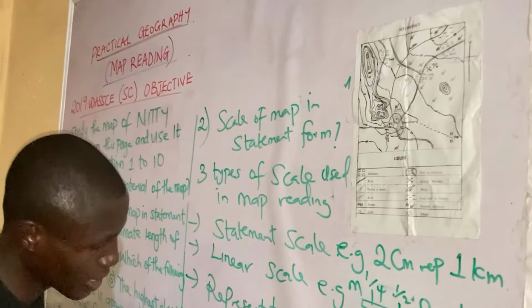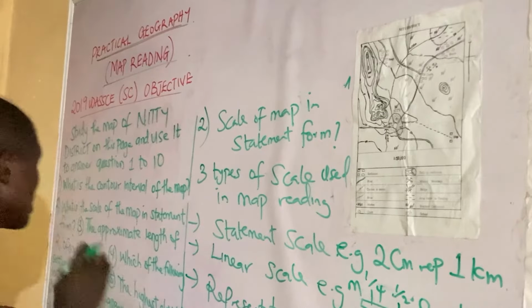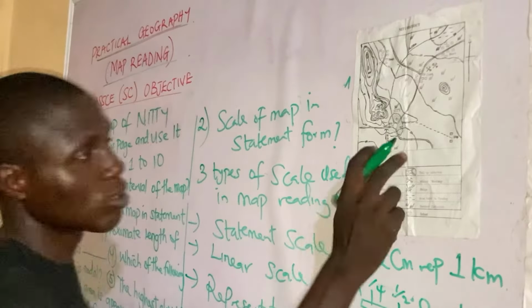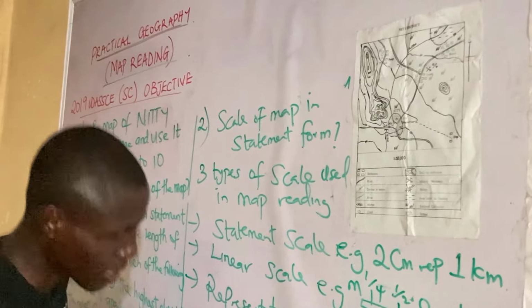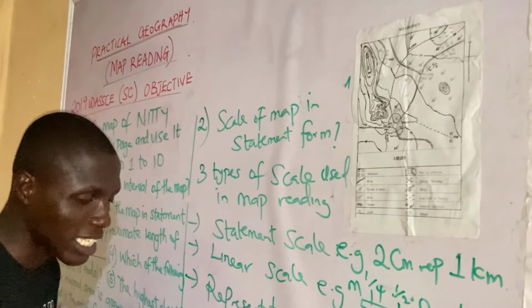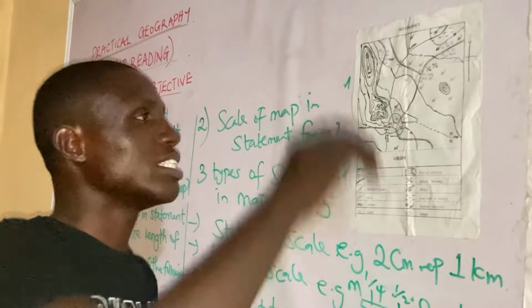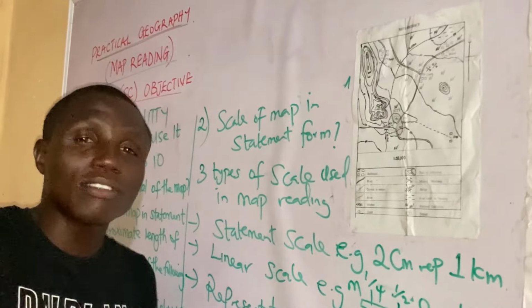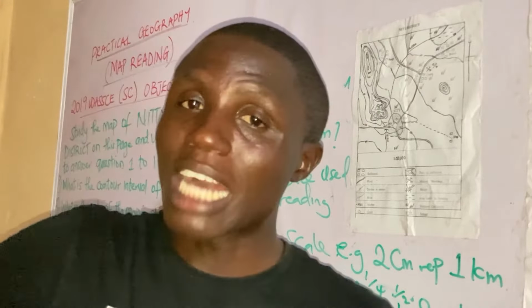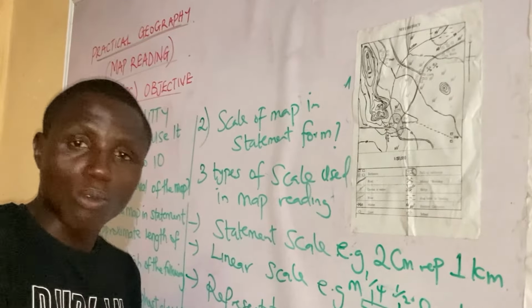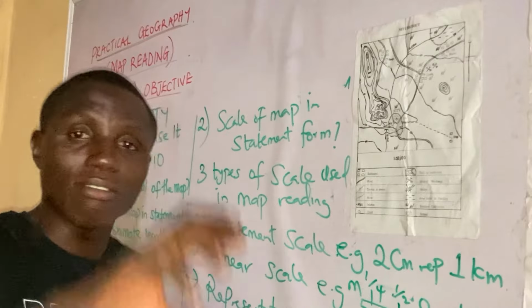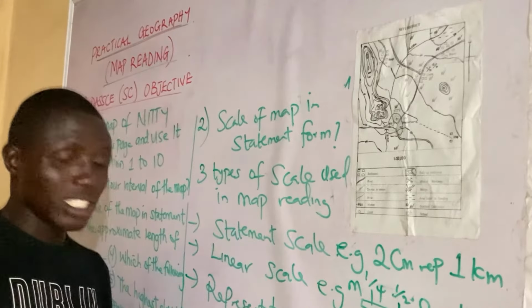So for instance, in this question that we are given, 1:50,000. That is, for every 1 centimeter that is measured on this map, it represents 50,000 centimeters on the ground. So that's what we call representative fraction.